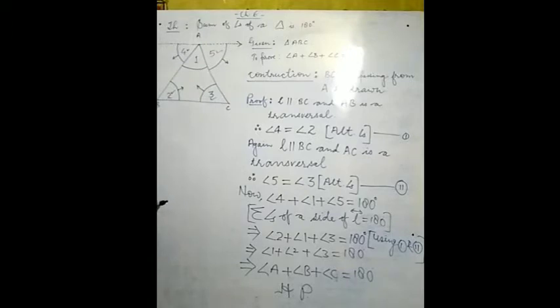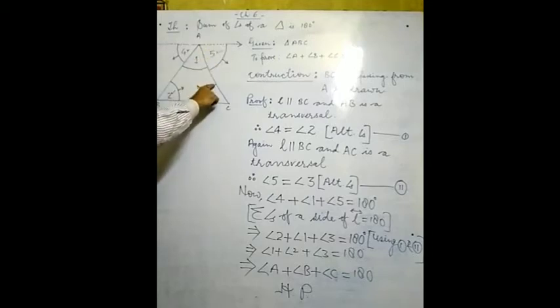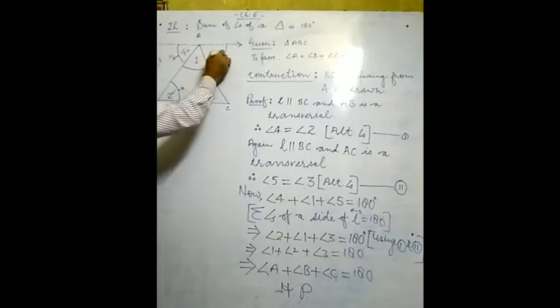Now you may remark here, you have to focus: in the place of angle 4 what can be noted down? Angle 2. In the place of angle 5 we can note down angle 3, because angle 4 is equal to which angle? It is equal to angle 2. Angle 5 is equal to angle 3.